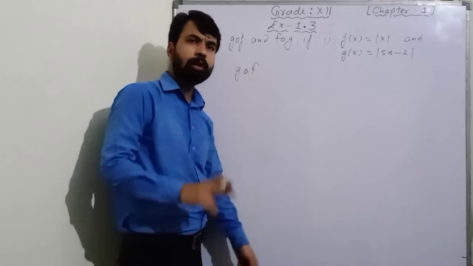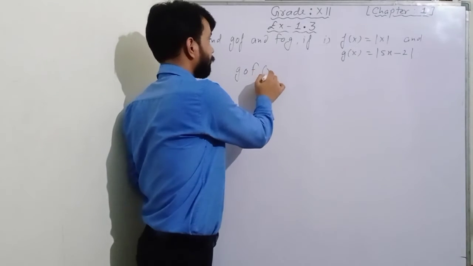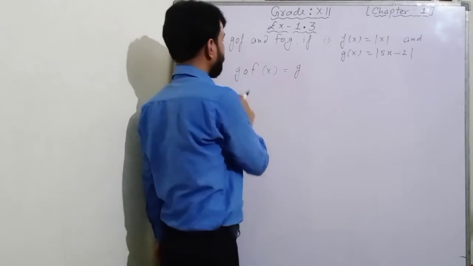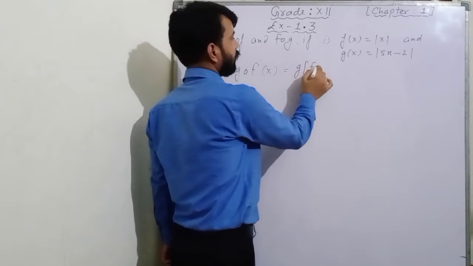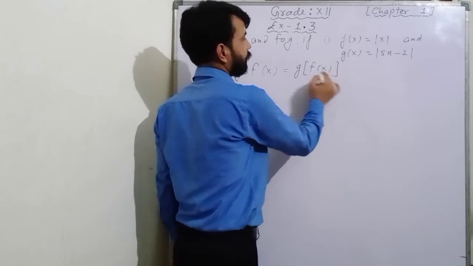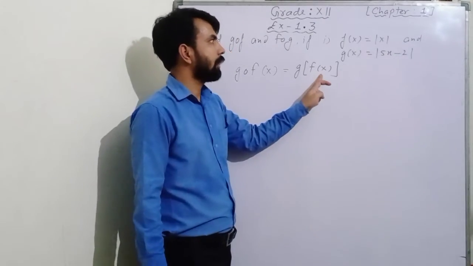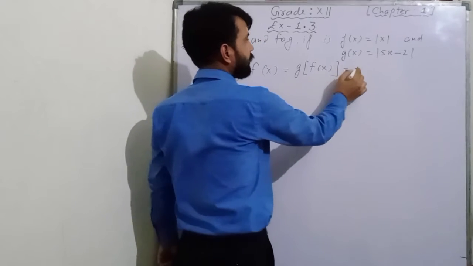But I told you we will have to take some element here. So (g o f)(x). So this can be written as g of, we will replace o by square bracket, f(x). Clear? Now function f, its value is mod of x. So g will remain same.